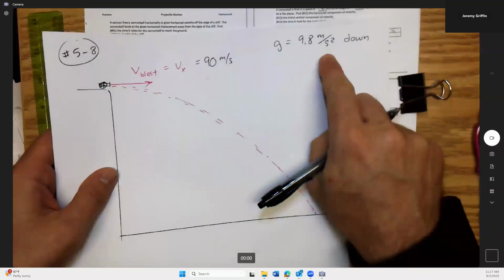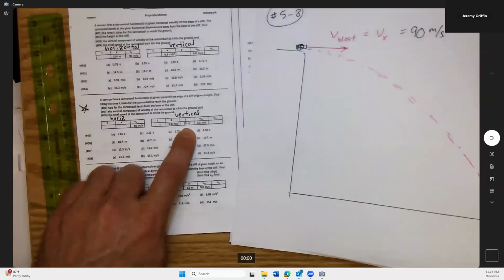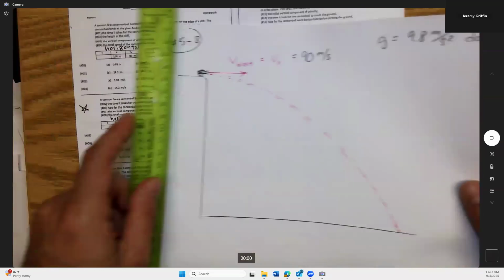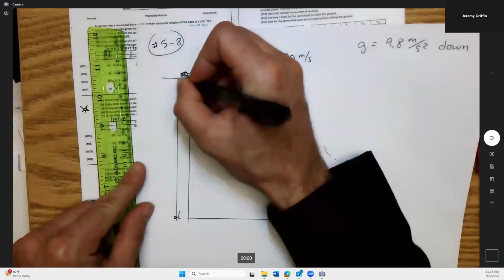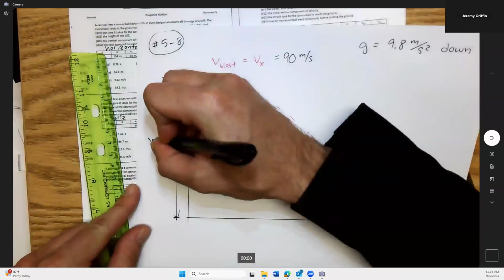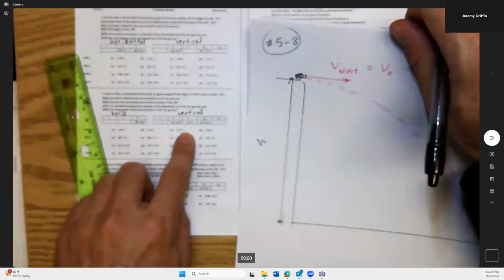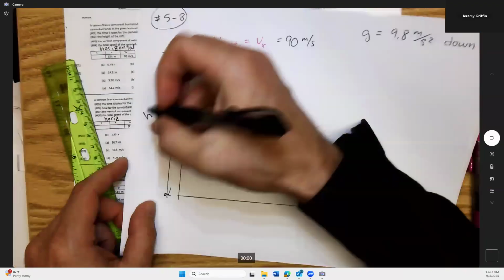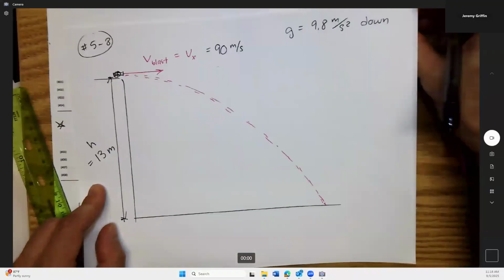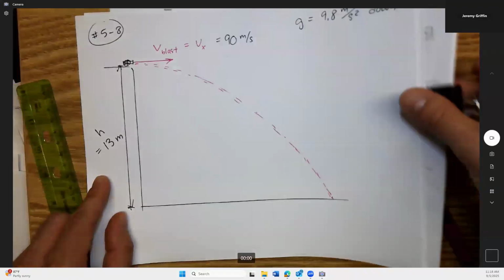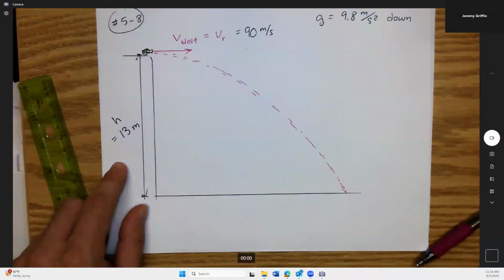And then I gave you the height of the cliff. Mine says 13 meters. Yours, again, probably says something different. The height of the cliff right here, I called it y. 13 meters. All right, and that's the starting premise.